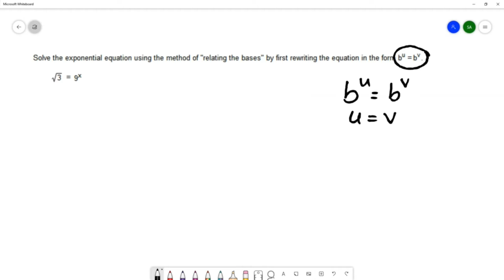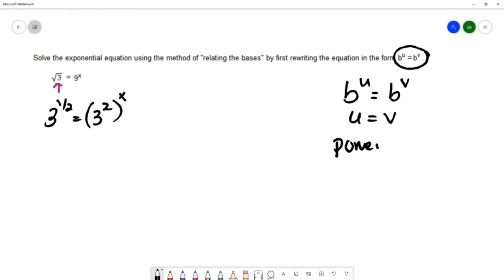So with this example, I have a base of 3 on the left. I can rewrite that square root as 3 to the 1/2 power. And 9 is a power of 3. I can write 9 as 3 squared, and it's still raised to the x power. On the right-hand side, I'm going to simplify using the power rule for exponents.